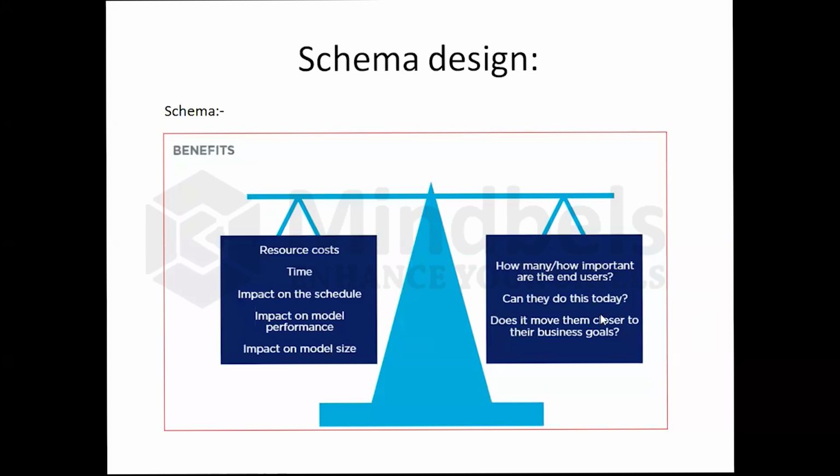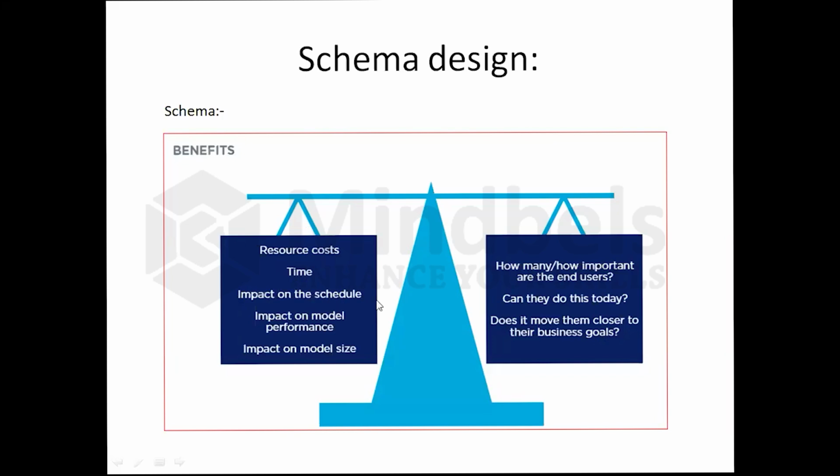Now, what they are saying is, how to identify whether you should be building that exception or not, right? So they have created one balance. To have that exception in your model build, how much resource cost is needed, what is the time needed, and the impact on the model schedule.